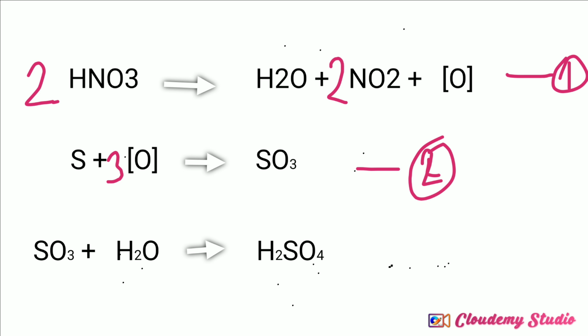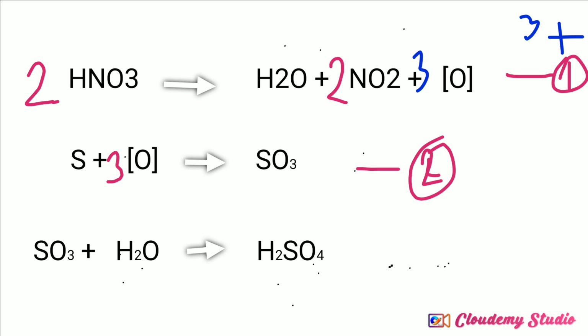So, what we need to do, the first equation as a whole, we need to multiply by 3 times. Then only the value will not change. So accordingly, this nascent oxygen will become 3 times.